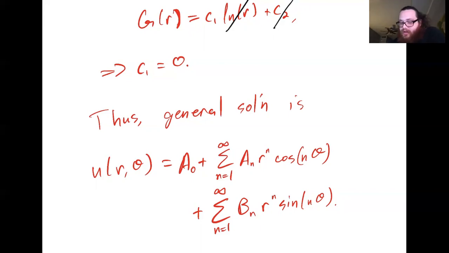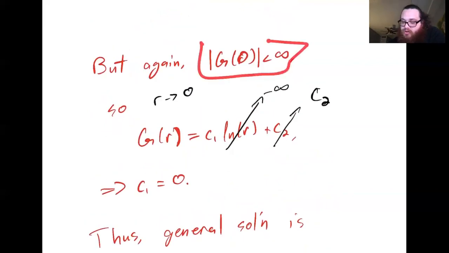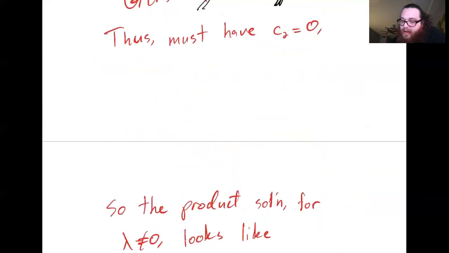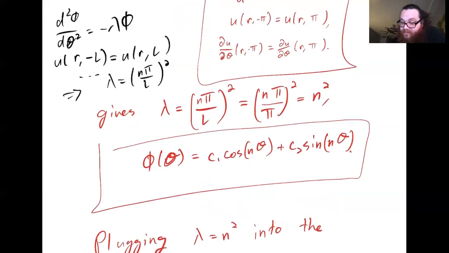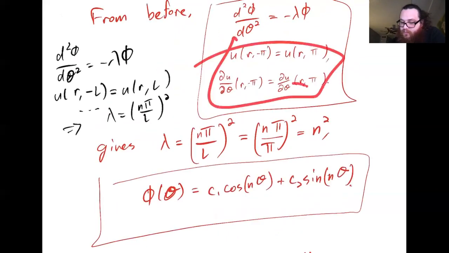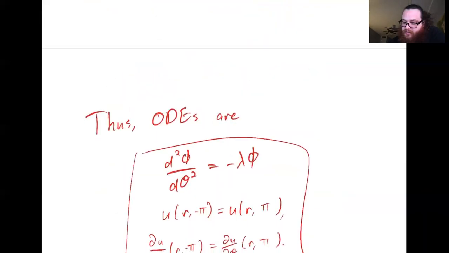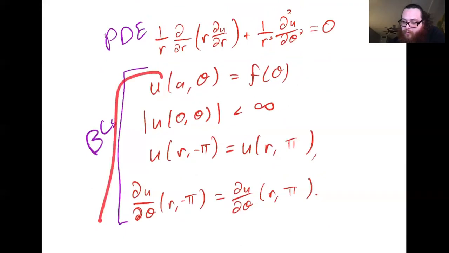So almost all well and good. Keep in mind the boundary conditions we've used were g of 0 is finite, as well as the boundary conditions on phi. But in total we had 4 boundary conditions.